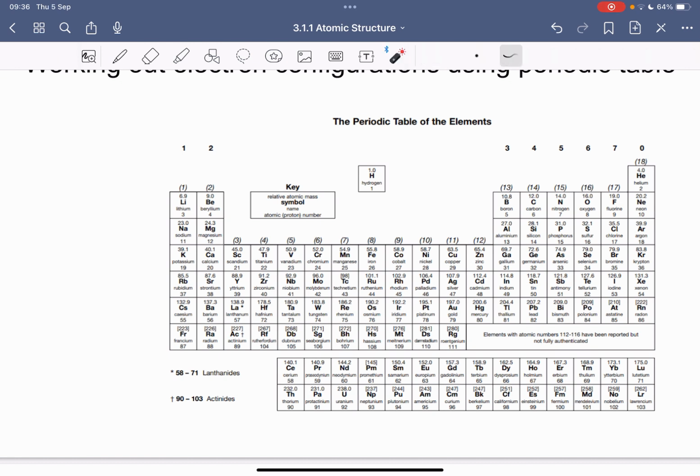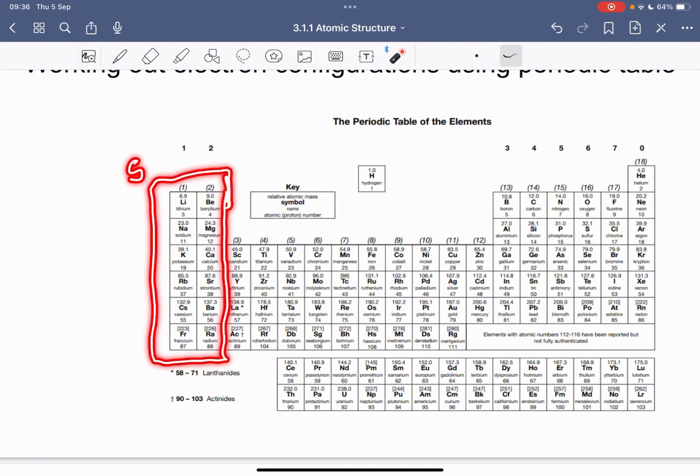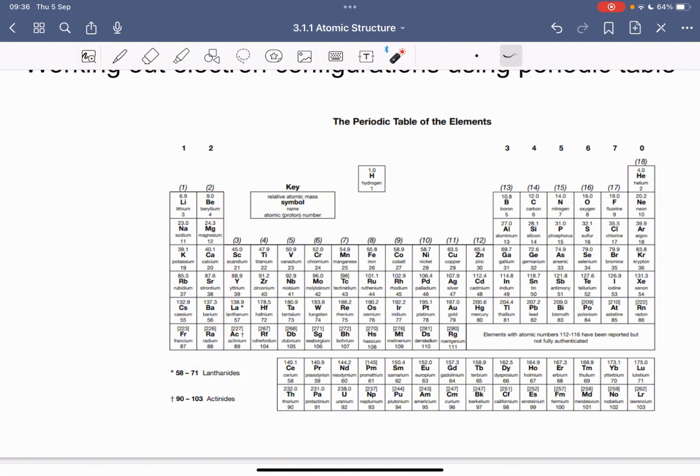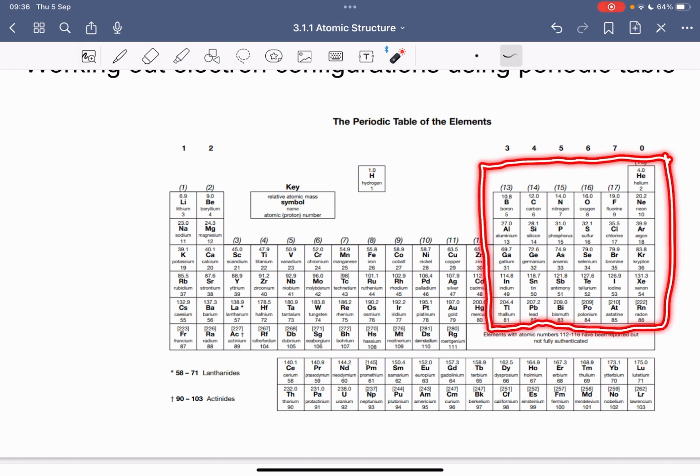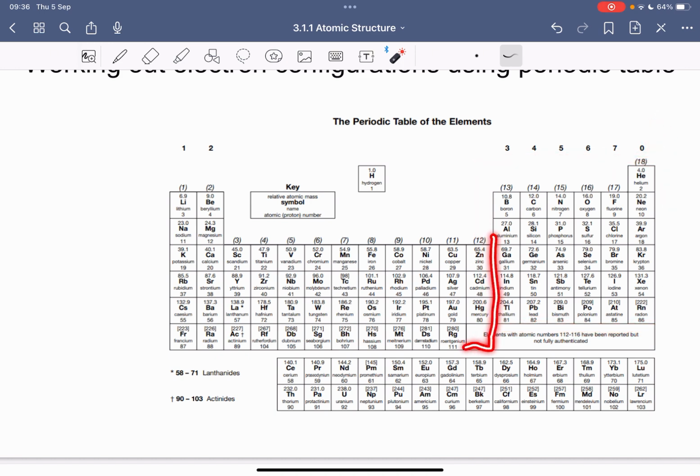This section here we call the S block. This section here we call the P block. And this section here, in the middle, we call the D block.